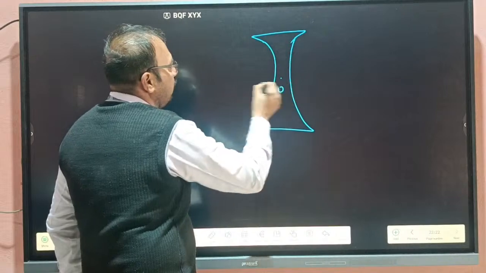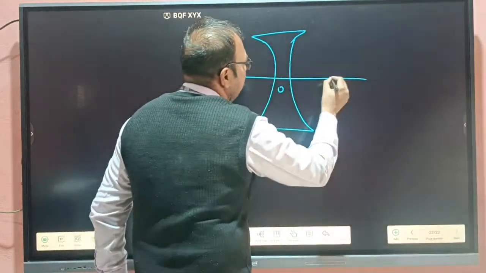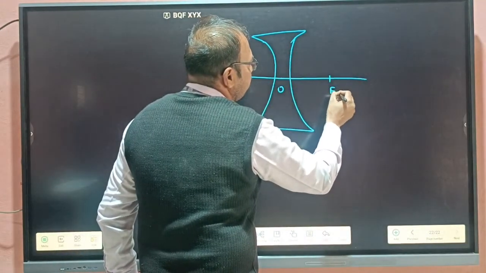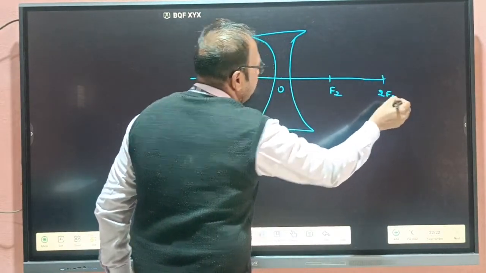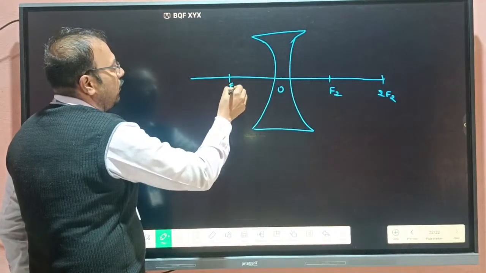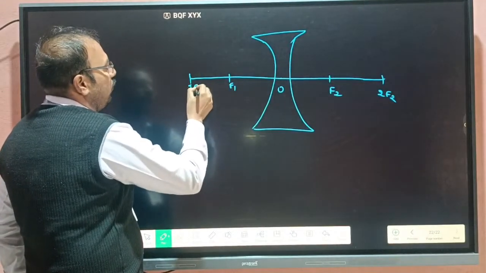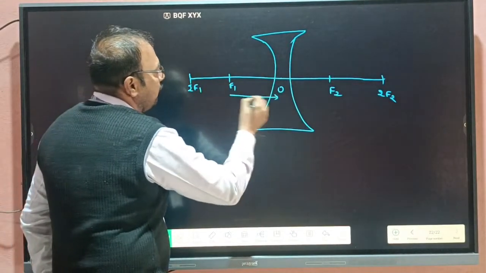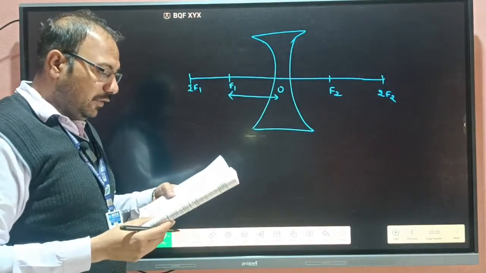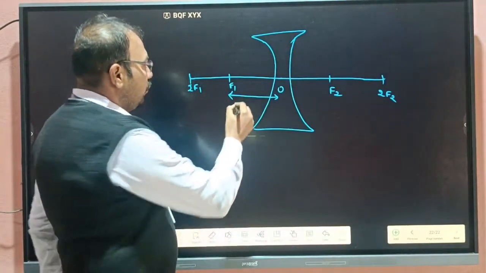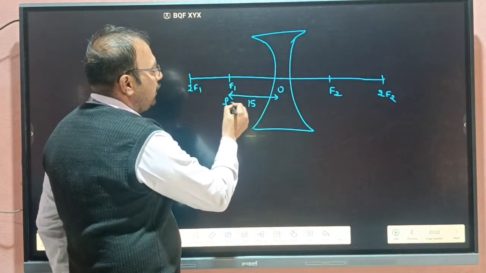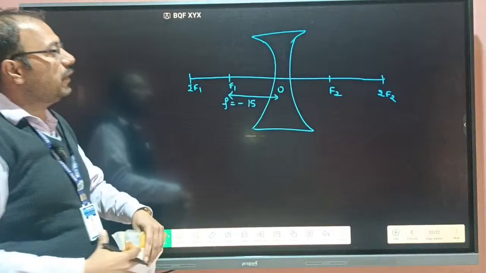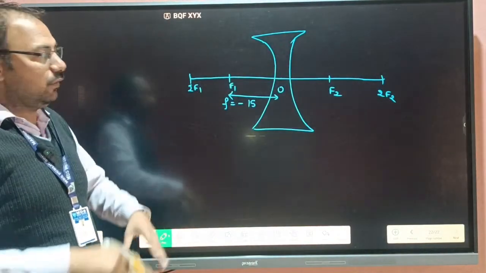This is the optical center, this is F2, 2F2, this is F1, this is 2F1. The focal length given is 15 centimeter, and its sign is F minus, because left hand distance is taken as negative.